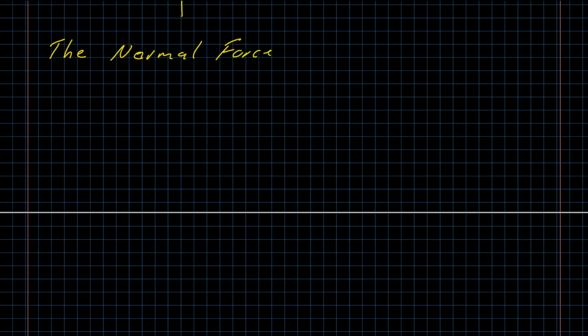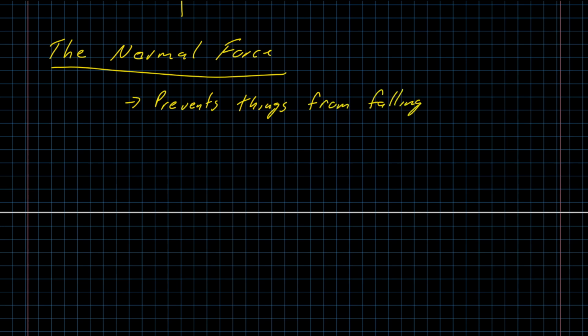And talk about the normal force. There are two things that we need to know about the normal force. First of all, the normal force is the name of the force that prevents things from falling through solid surfaces.